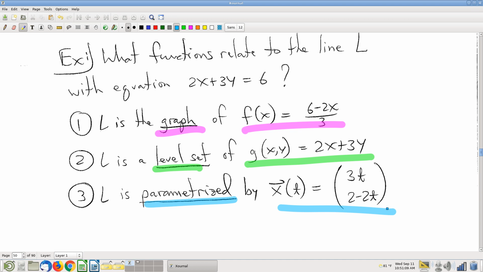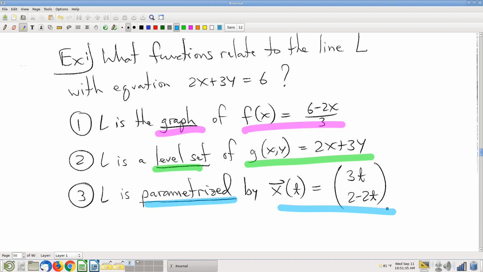So again, if you use the calculus of level sets on the function whose graph you're interested in, then it's a catastrophe. And if you use the calculus of parameterizations on a function whose level set you're looking at, it doesn't make any sense at all. By the way, we've already talked some about the calculus of parameterizations.